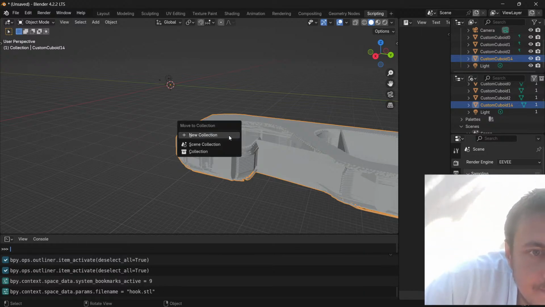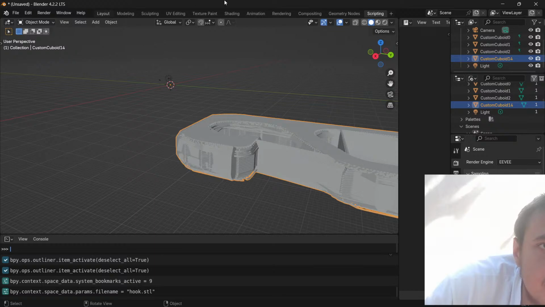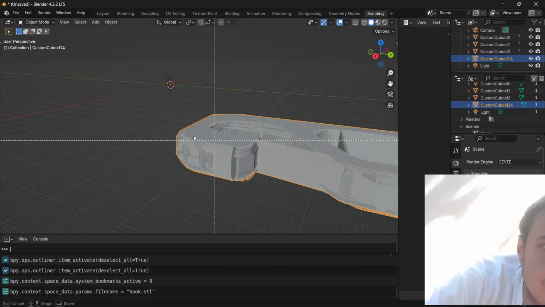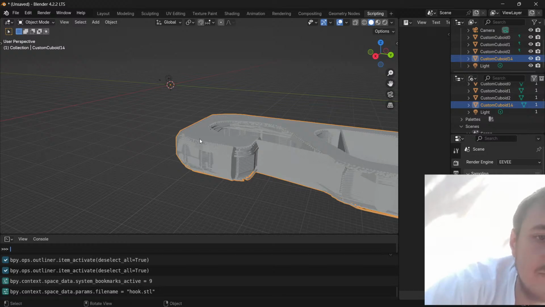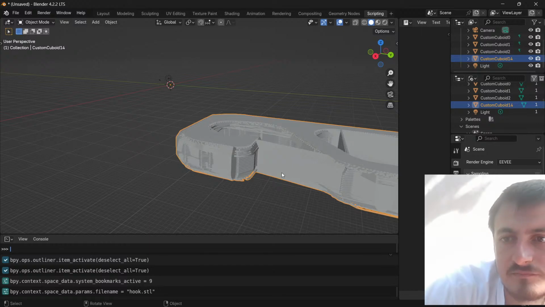Okay. I forget how you move something. How do I move it?